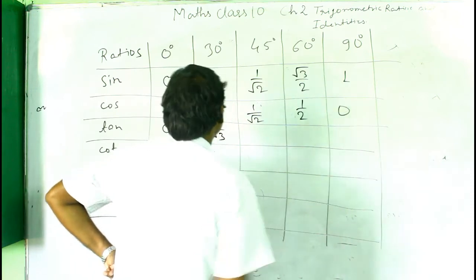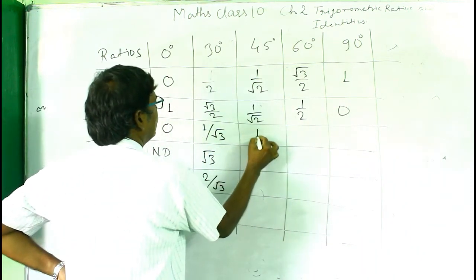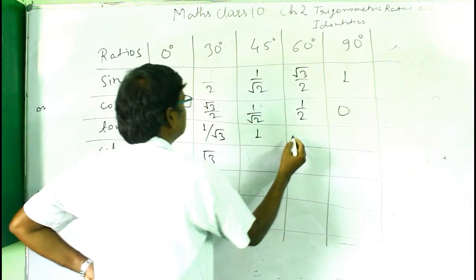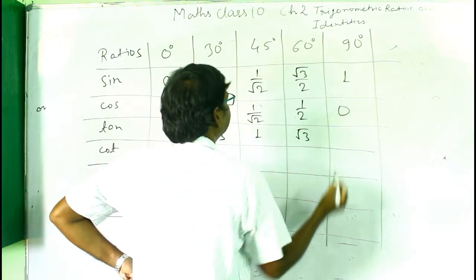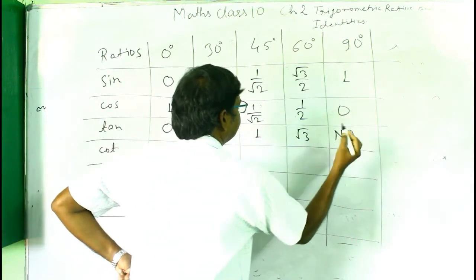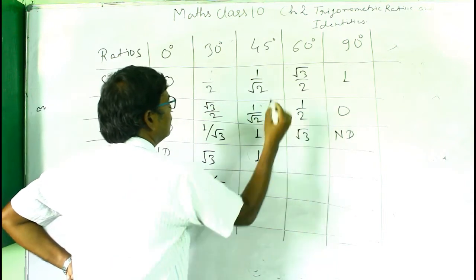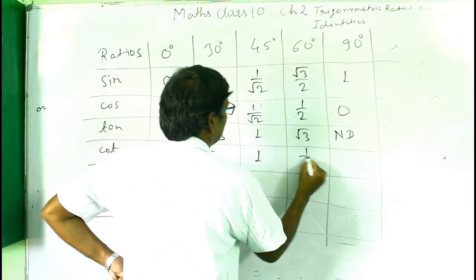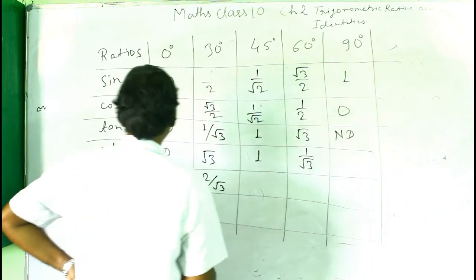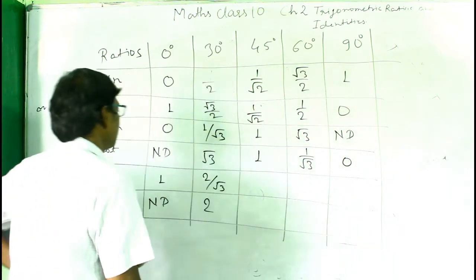and cos 90 is 0 here. Then tan 45 is equal to 1, tan 60 degree is equal to root 3, and tan 90 is not defined. Then cot 45 is 1, cot 60 equal to 1 by root 3, and cot 90 equal to 0.